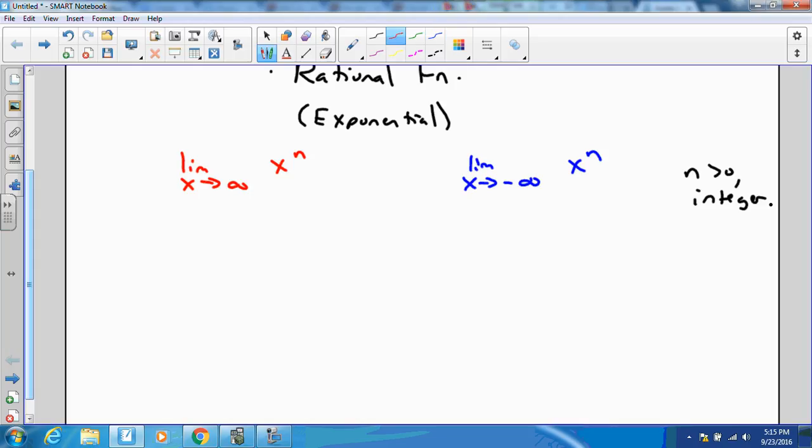And you remember from last year, from trig pre-calc, that their graphs look something like this. For n even, the graph looks like a parabola. And the larger that n is, the flatter bottomed and steeper this parabola will be.